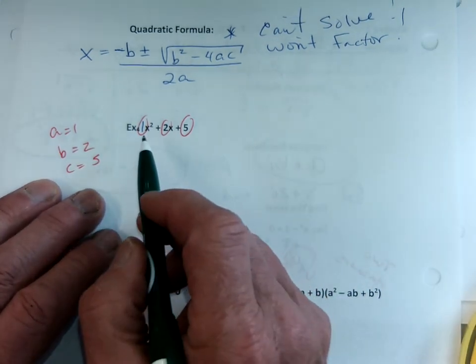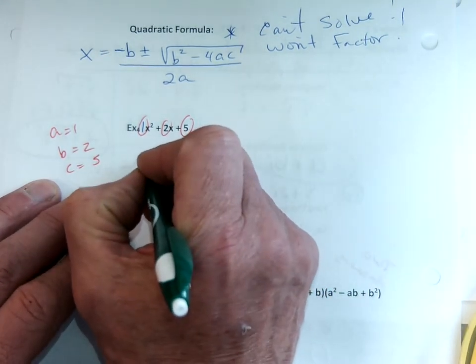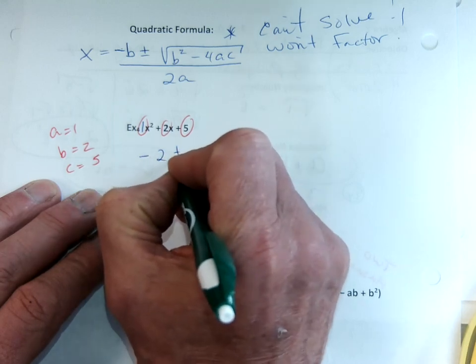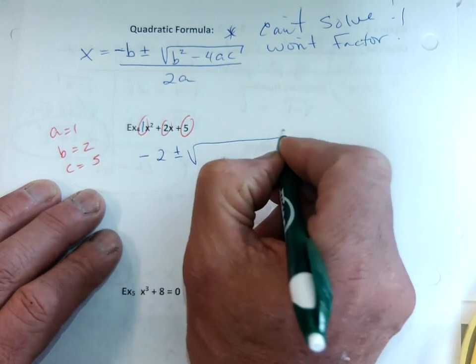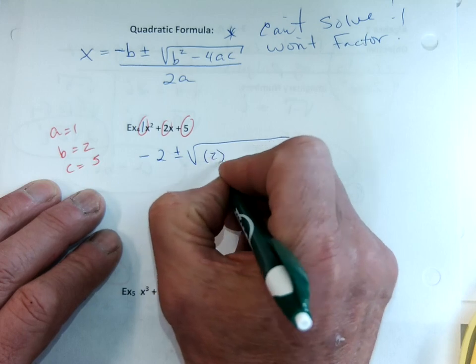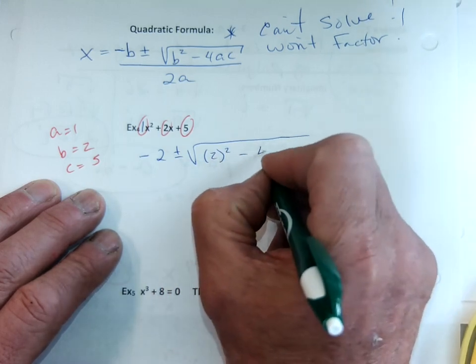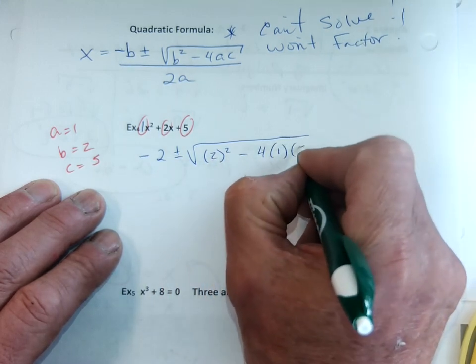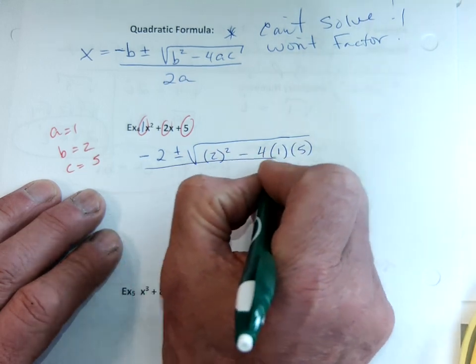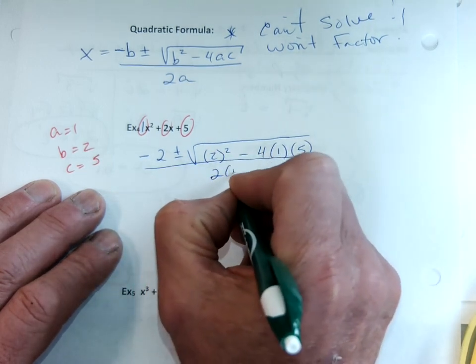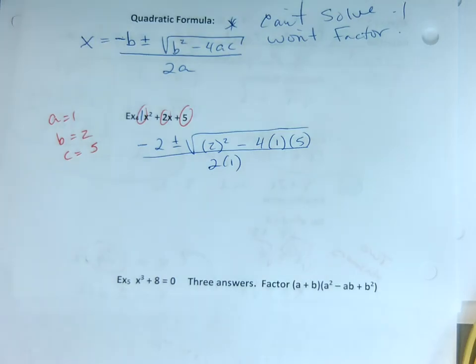So I'm going to go negative 2 plus or minus the square root of 2 squared minus 4 times 1 times 5, all over 2 times 1. We basically have already done this one in our warm-up, but we'll do it again.